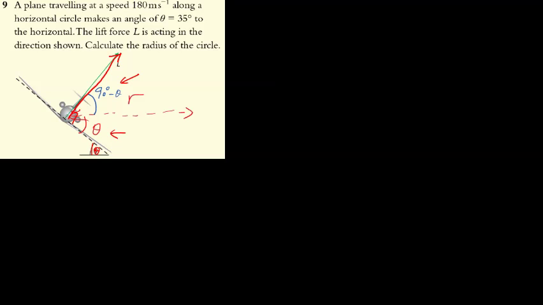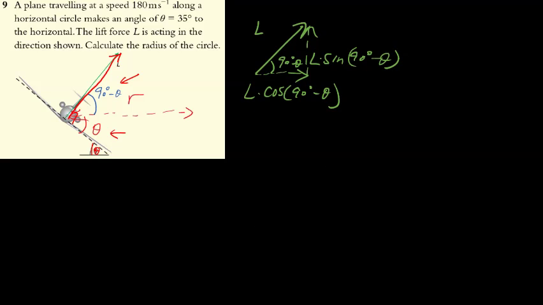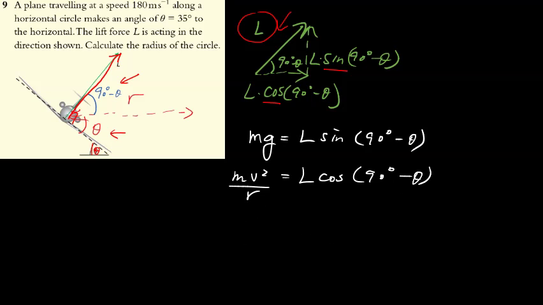After that, you're going to write the formulas that you know, and also the picture. So this is a picture of how you decompose the lift L with the angle 90 degrees minus theta here, and obviously this is sine, this is cosine. I think this is the best way when you see a diagonal vector: the one opposite is sine, the one under it is cosine. After that, you are going to formulate two equations.